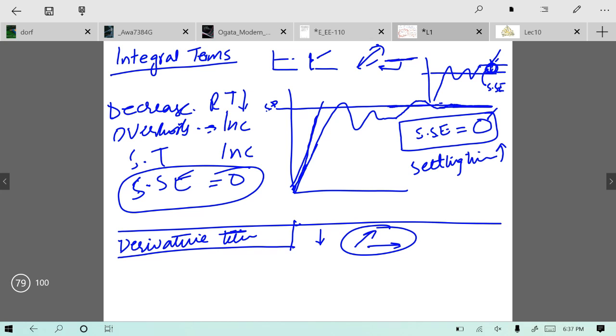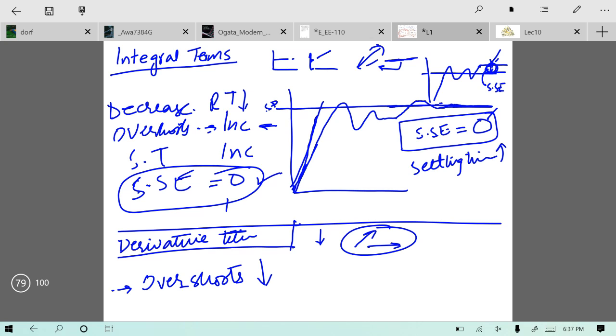So for the derivative term, I would say that rise time would have a minor change, and its main impact would be on overshoots. Overshoots will be decreased. The integral term is increasing overshoot, but it is decreasing steady state error to zero. So if you combine integral and derivative controllers, your overshoots will be in limit and your steady state error will also be zero.